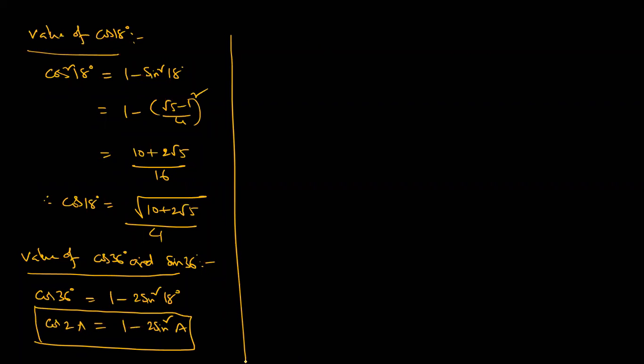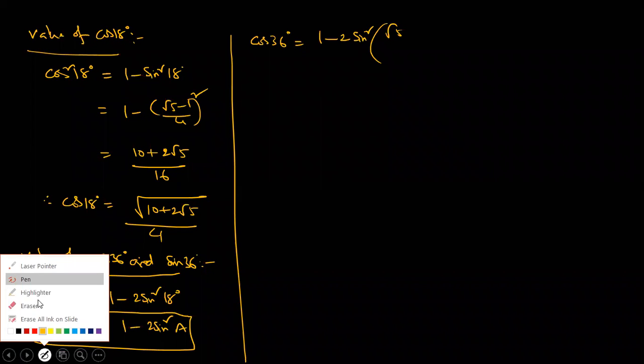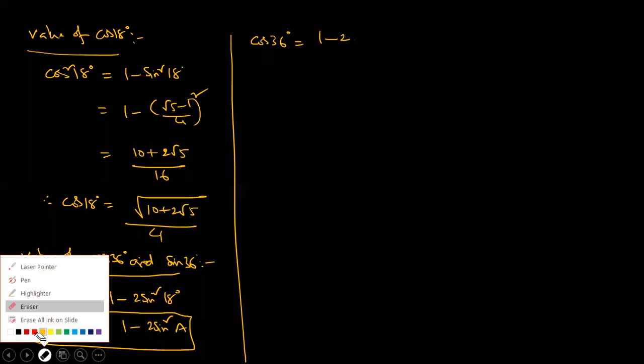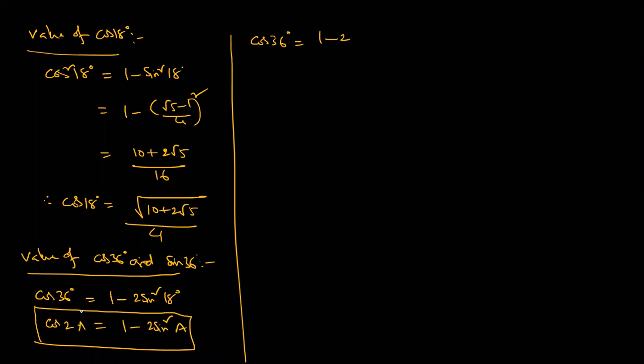Now cos 36 degrees is equal to 1 minus 2 sin square 18 degrees. What is the value of sin 18 degrees? Root 5 minus 1 by 4, whole square. Simplify. You get root 5 plus 1 by 4. This is cos 36.